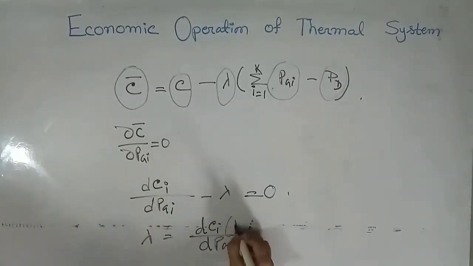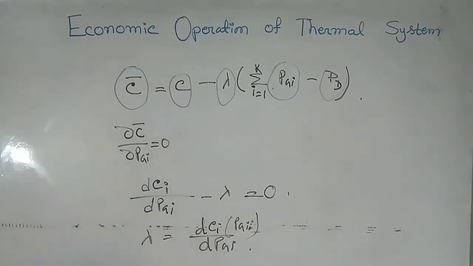Ci is obviously a function of PGi. So dCi by dPGi is the incremental cost of the ith generation.